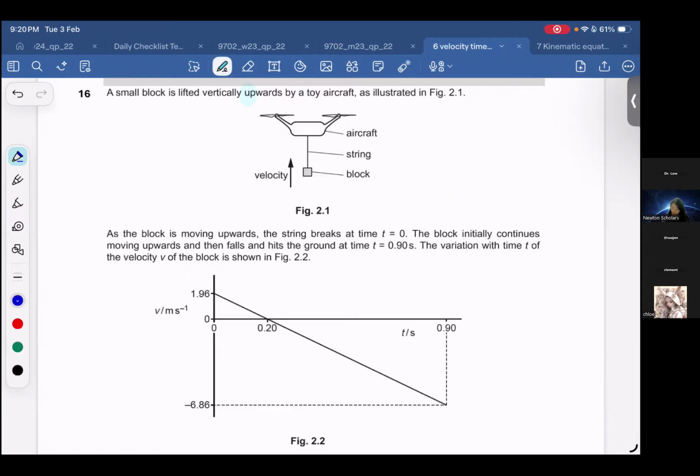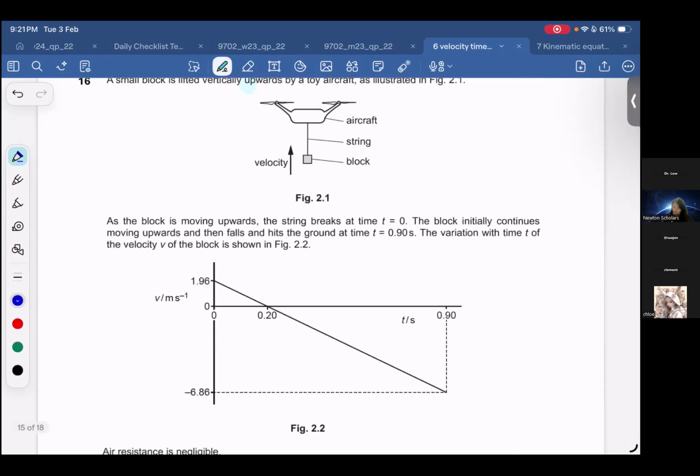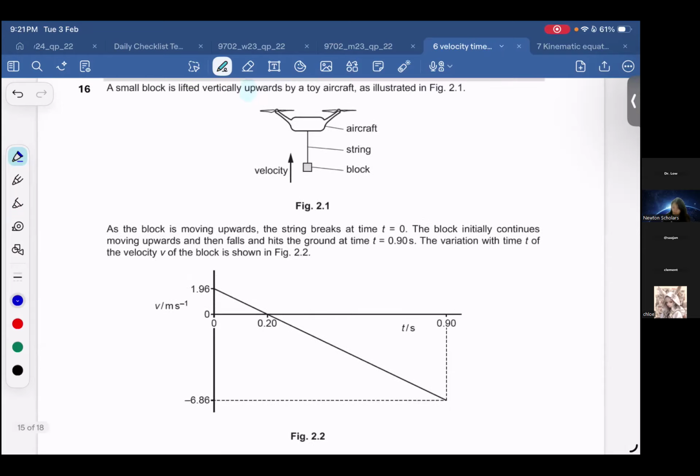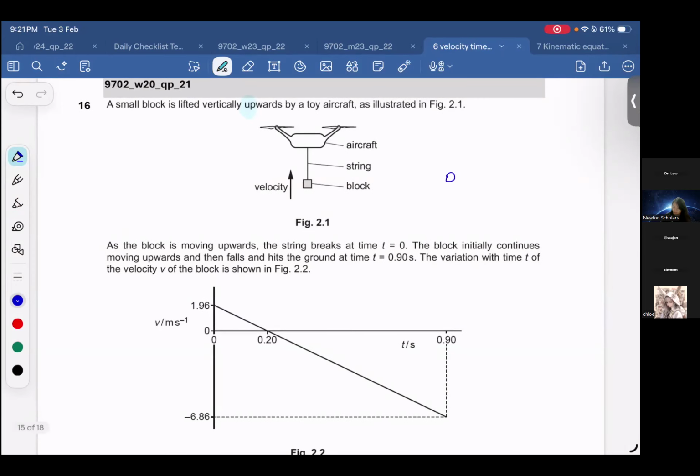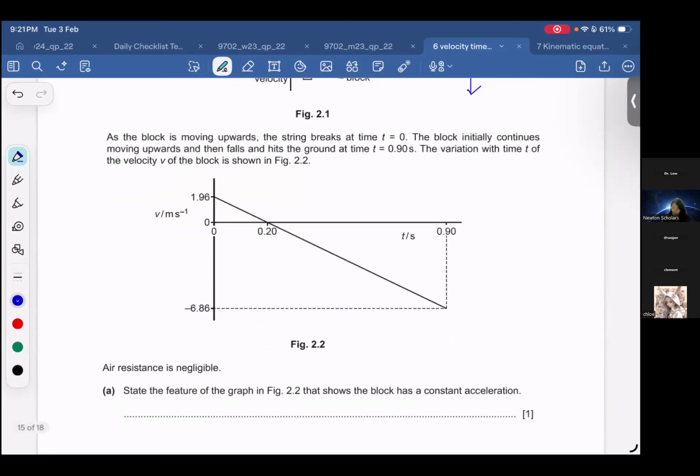The block initially continues moving upwards and then falls and hits the ground at time 0.9. This is the velocity-time graph. So the block is initially still going up for a short moment, then only at maximum height does it go down. Air resistance is negligible.